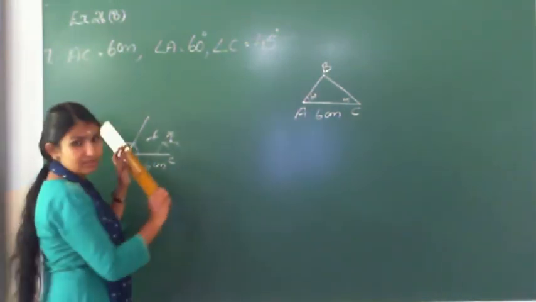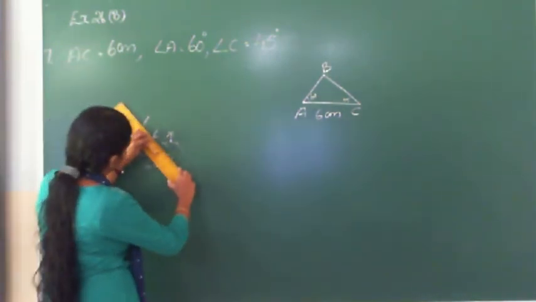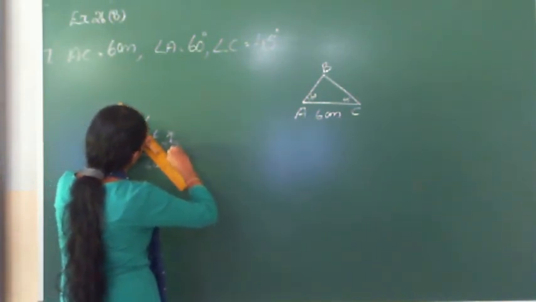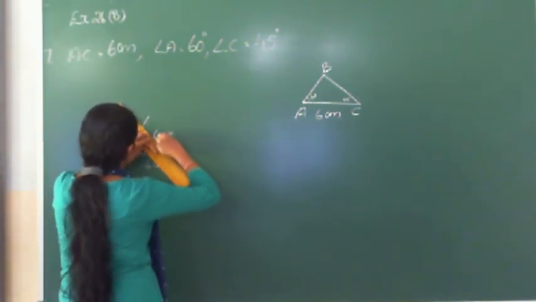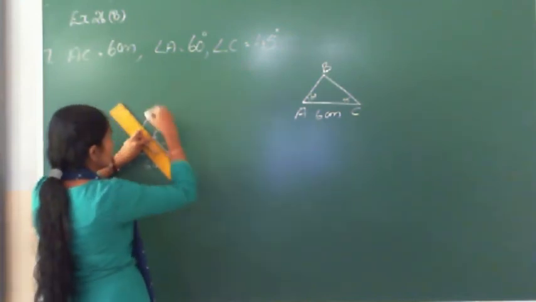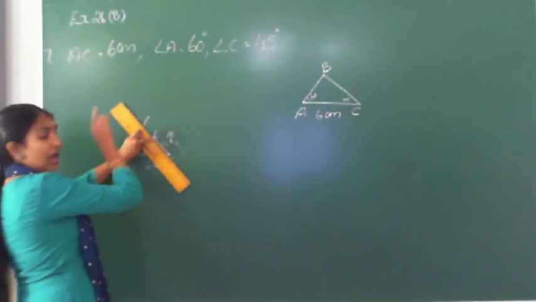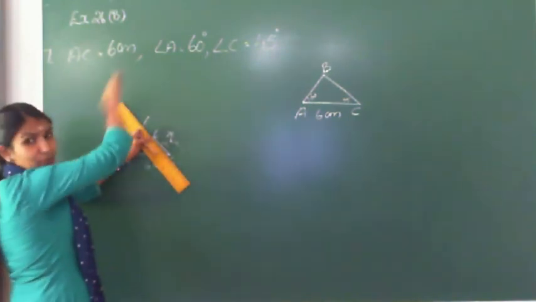How we can join? Join with your scale. After that just extend it till it meets the another line, that is AB.